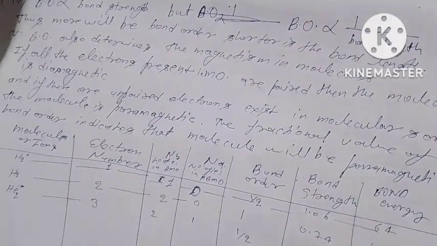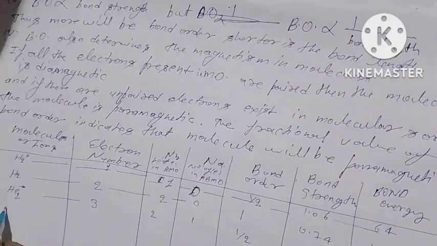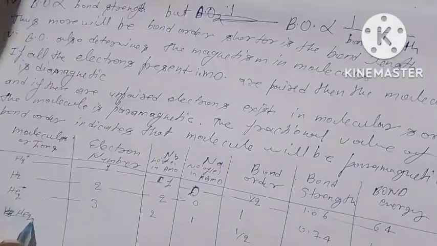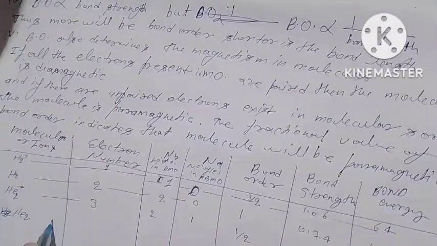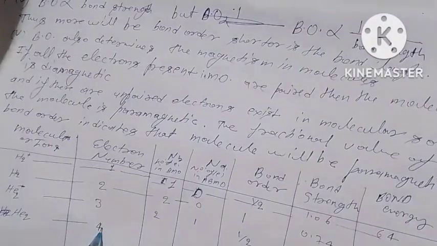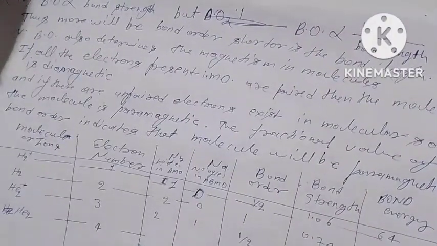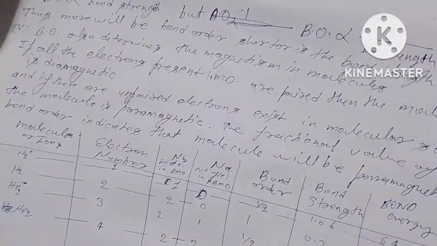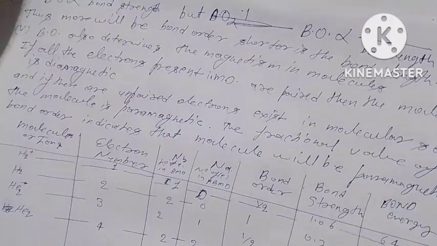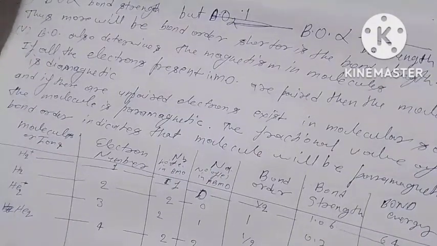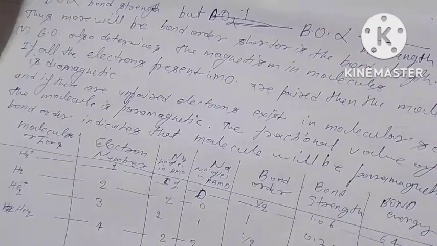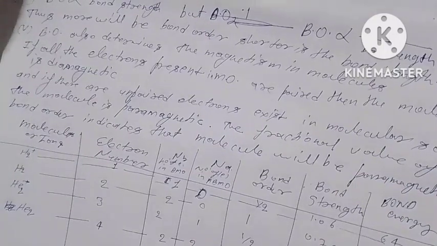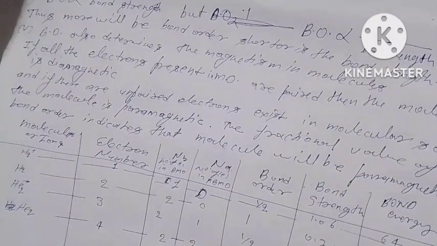Next is the helium molecule: number of electrons 4, Nb is 2, and Na is 2. Bond order is 0.